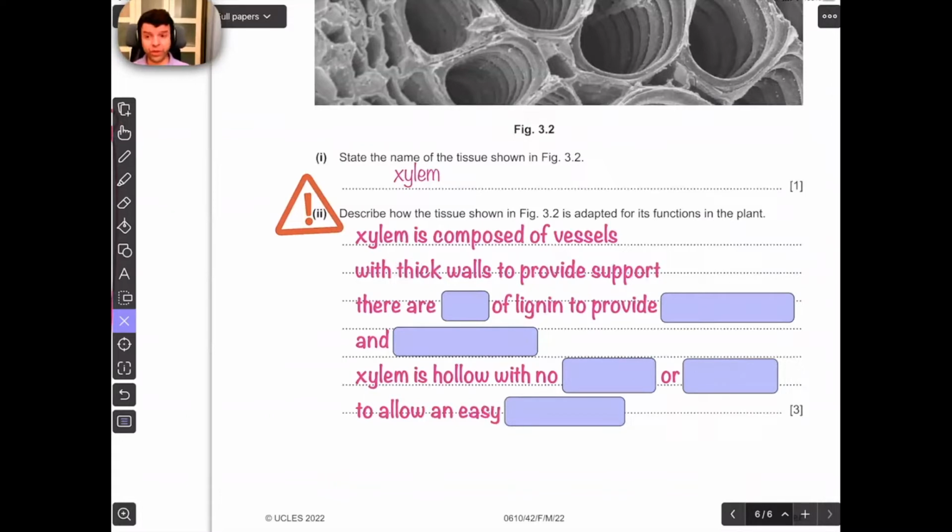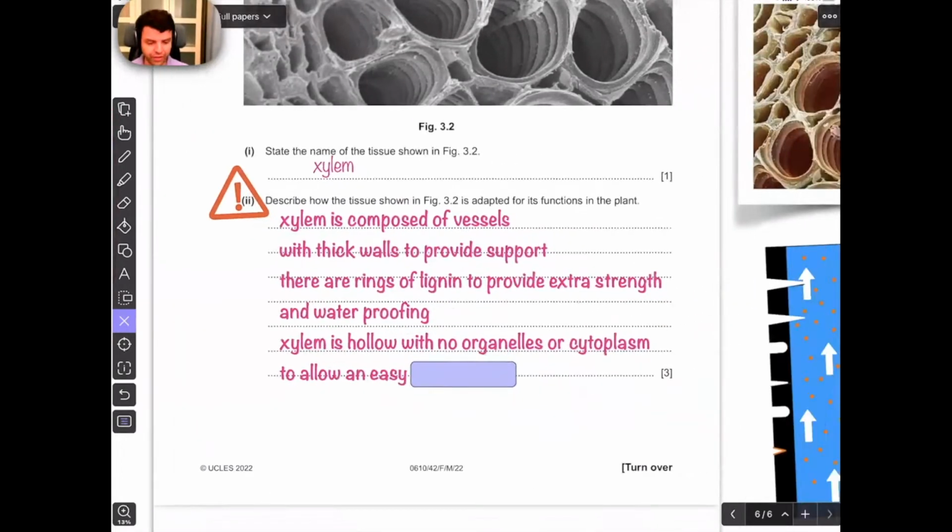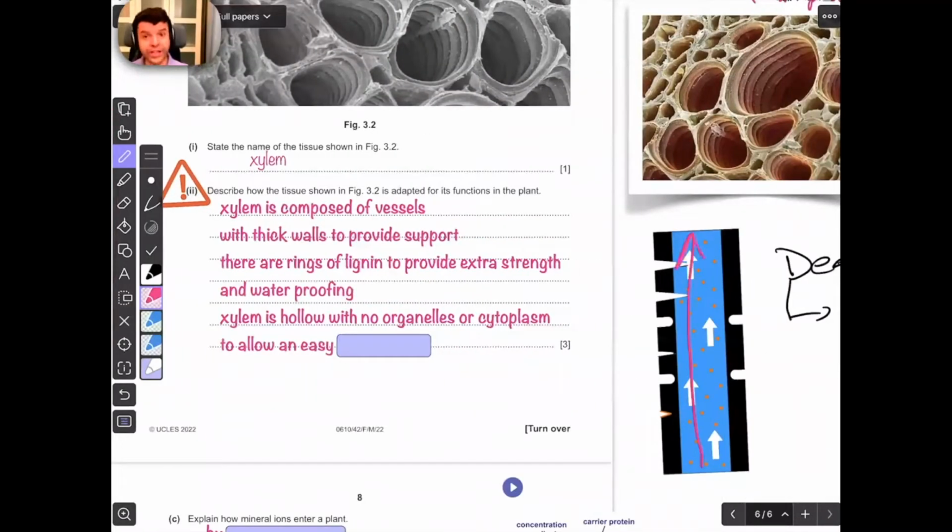There are also rings of lignin, and those rings of lignin provide extra strength and also provide waterproofing. One more thing is that it's completely hollow. Hollow means there is nothing inside, right? So there's no cytoplasm, no organelles, no nucleus, right? Why is it good to have nothing inside? Because that's how water can easily flow inside xylem.